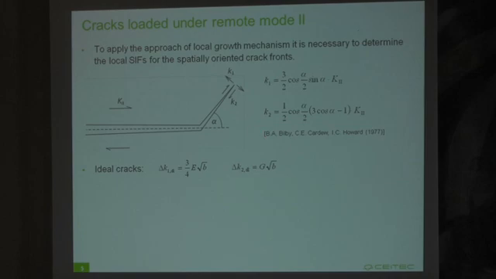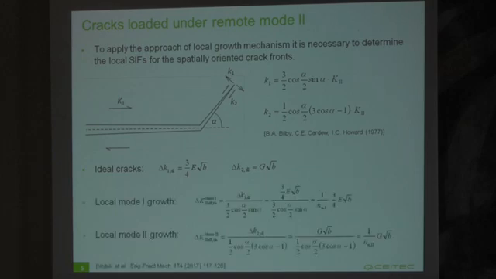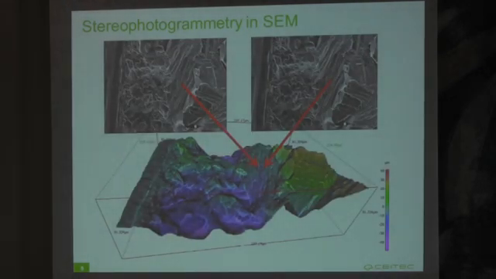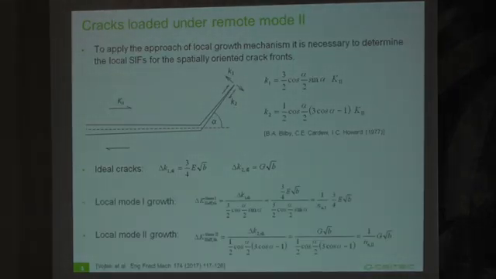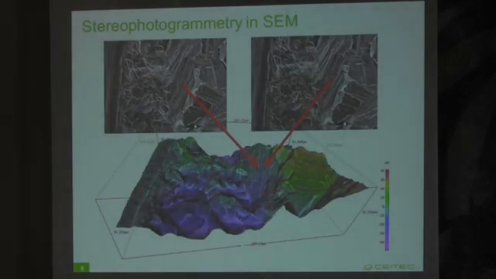Then we substituted these local components by effective thresholds for ideal cracks, and in this case we could obtain the values of the remote Mode 2 effective thresholds, determined for the case that the crack growth is controlled by local Mode 1 or local Mode 2. To evaluate these equations, we need to know the deflection angle alpha, which we measured for each material.